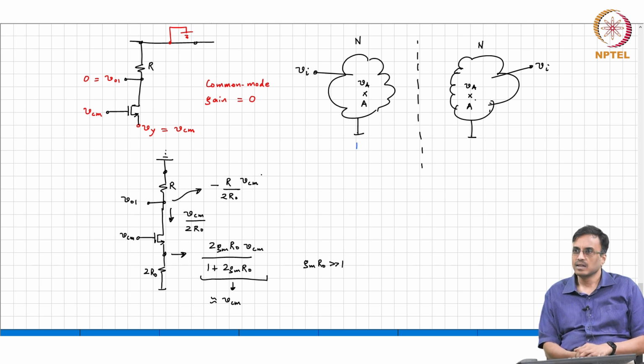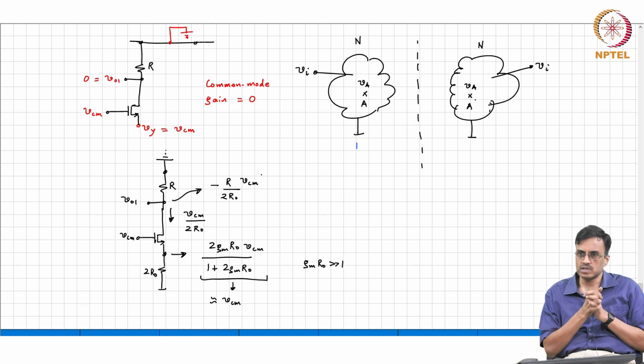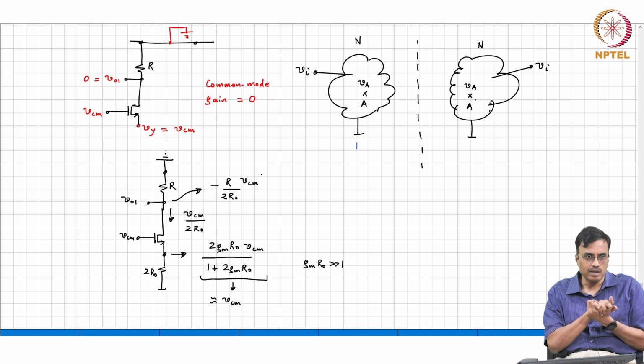Ideally, we were hoping that if the current source was ideal, the output of the differential amplifier would only depend on the difference between the two inputs Vx and Vy, with no dependence on the common mode component whatsoever. Unfortunately, in practice, the current source is going to have a finite output impedance. We do know how to make the impedance better, but it will always remain finite.